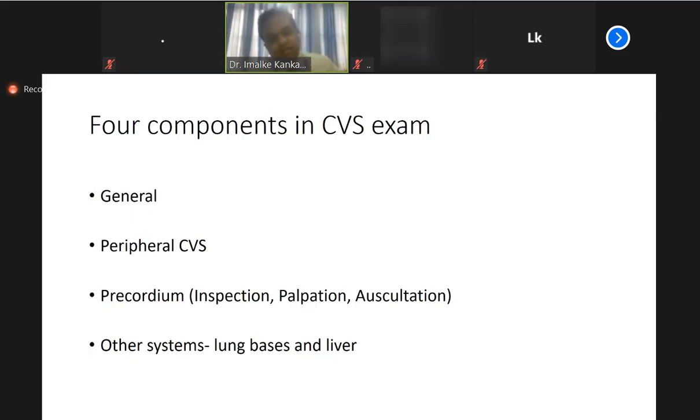We don't expect you to focus only over the heart, nothing you are going to gain. And then lung bases and liver. So we look at whether you have touched all these four components, but some of you might not examine the liver or the lung bases, you might forget, right? So keep that in your mind.